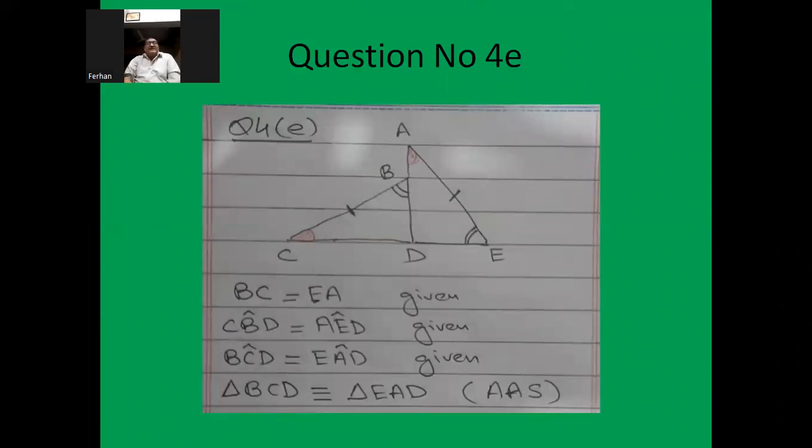So the BC side is equal to the EA side, it is given, and the CBD angle is equal to the EAD angle, that is also given, and the BCD is equal to EAD, and that is also given. So I can say that the triangle BCD is congruent to the triangle EAD, and the reason is angle side.